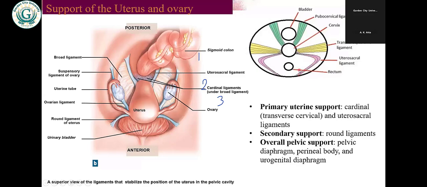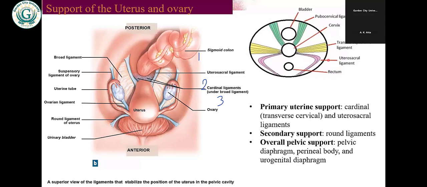So when it comes to support, it's not only the pelvic diaphragm that provides support. These pelvic ligaments also provide support: the pubocervical, the uterosacral, and the transverse cervical or the cardinal ligaments.